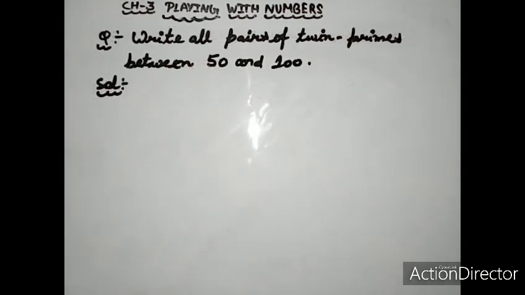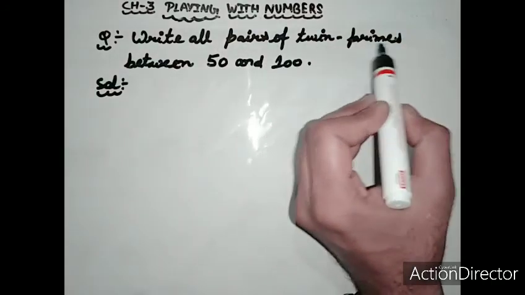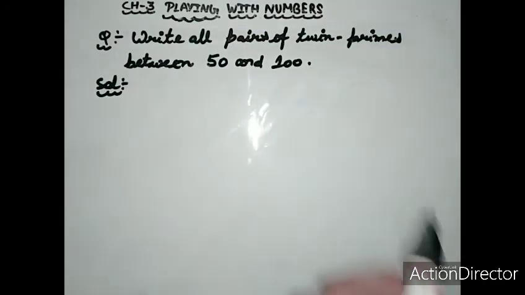Now the next question is, write all pairs of twin primes between 50 and 100. So what are twin prime numbers? Two prime numbers are known as twin primes if there is only one composite number between them.